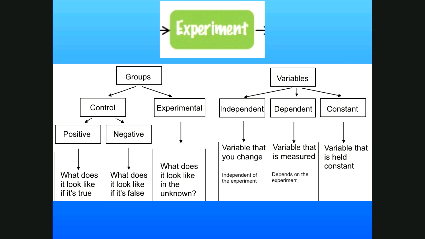The dependent variable is the variable that you measure. You can't do science without measuring something. A measurement could be a distance, a weight, whatever, something that changes that you can measure. In our case, we're measuring a color change. And all the other variables we're going to try to hold constant.